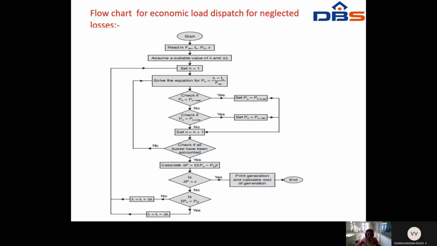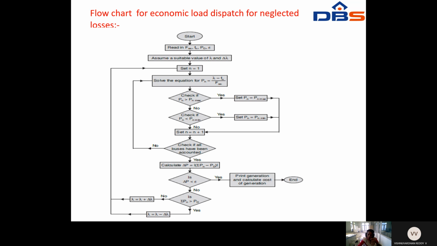Check if Pn is greater than Pn maximum. When this condition is satisfied, set Pn equal to Pn maximum. Then going to another step, set n equal to n plus 1, and checking another condition, check whether all the buses have been accounted.